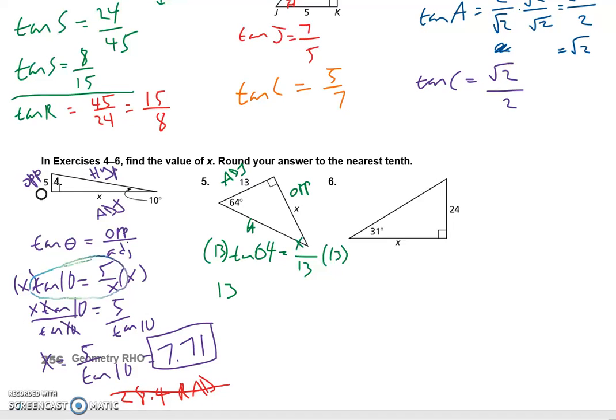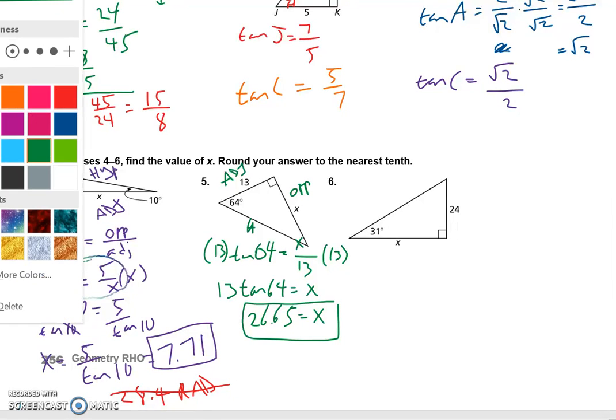Then you have 13 times tangent of 64 equals x. When you plug this one in, 13 tangent of 64, you get 26.65 equals x. That's this one.